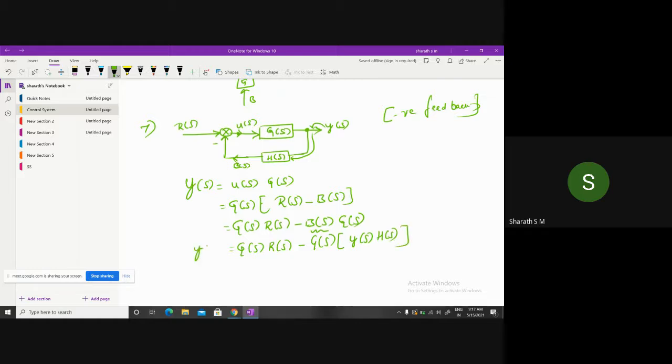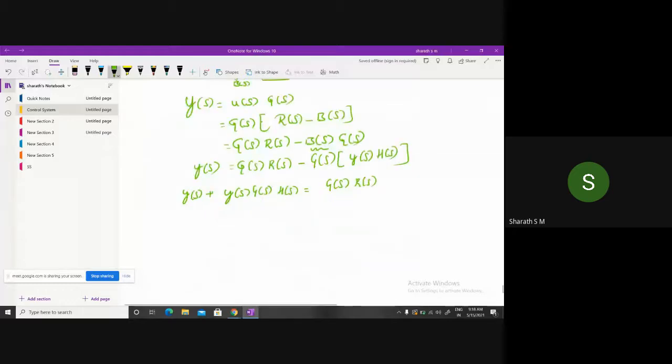And here also we have a Y of S. So just shift that to the LHS part. So Y of S plus Y of S G of S into H of S is equal to G of S into R of S. Now take Y of S as a common factor.